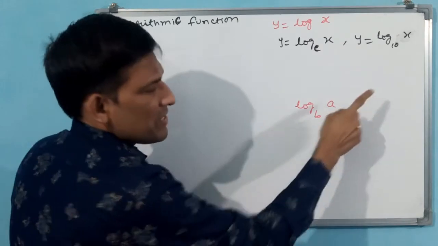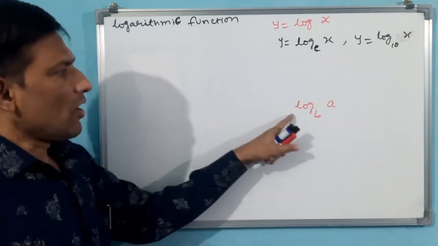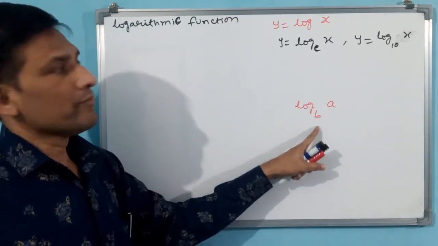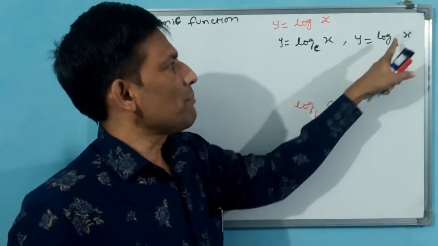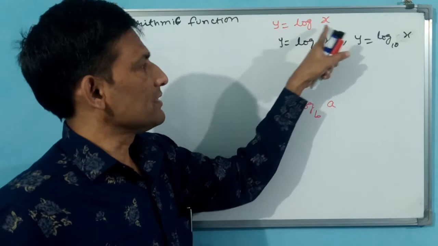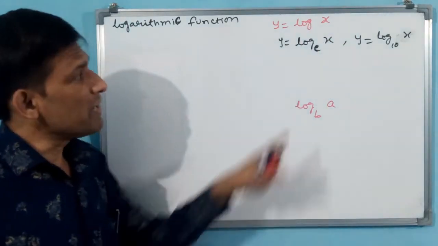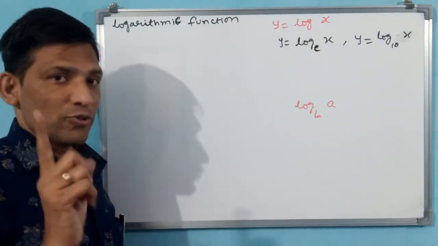Don't call it log b a, that is not correct. Log a to the base b, log x to the base e, log x to the base 10, log x. If nothing is written, it means base e only. That we keep in our mind.